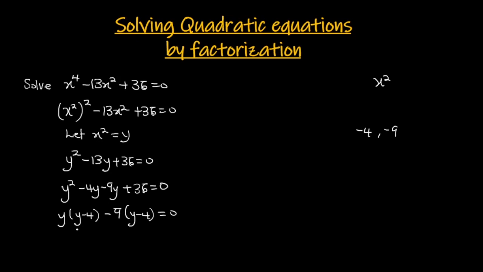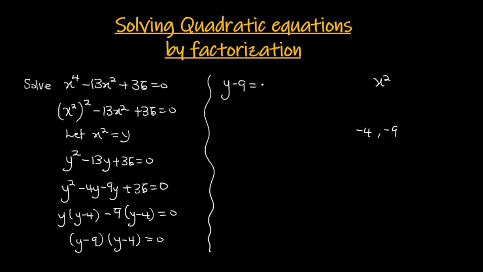So I can now write this and this, so I have y minus 9, y minus 4 is equal to 0. Right, so from here, I can proceed to have y minus 9 is equal to 0, or y minus 4 is equal to 0.